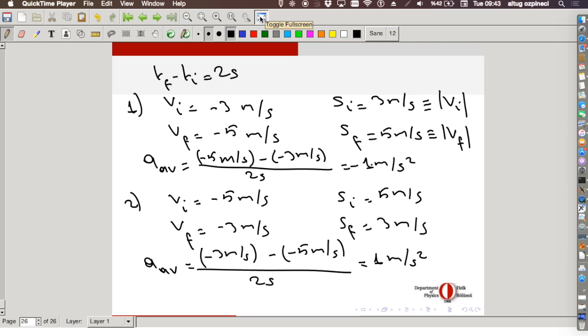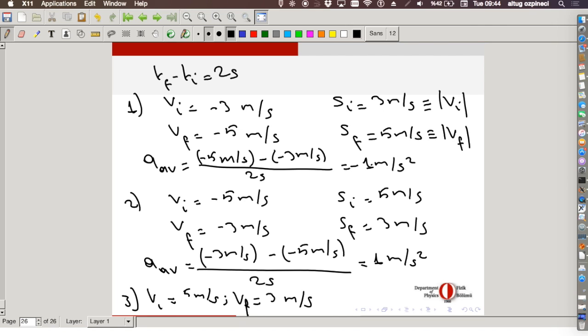Now, let's look at the third case. If the initial velocity was 5 meters per second and the final velocity was 3 meters per second, the object is slowing down. Nevertheless, it has an acceleration.